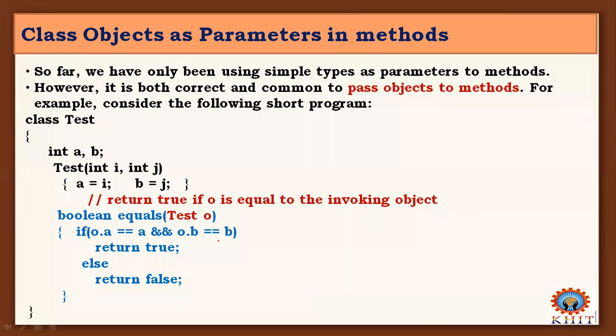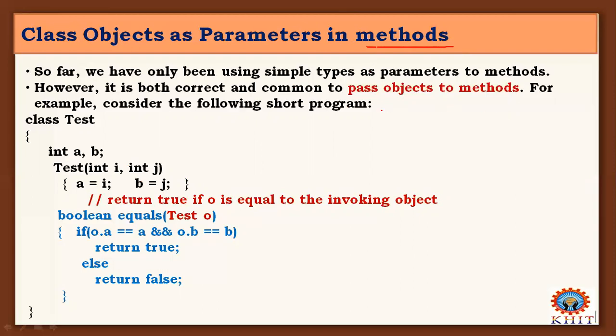Next one, class objects as parameters in methods. Generally a method can take empty parameters, one or many parameters as arguments in method definitions. When we invoke these methods, we pass the list of values based on the parameters given in the definition.